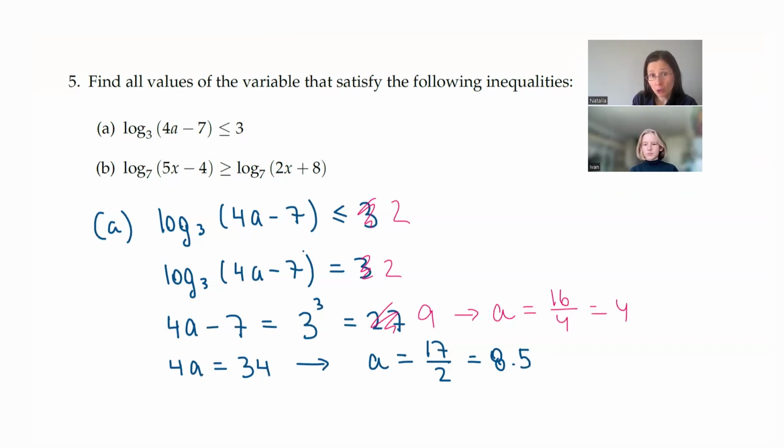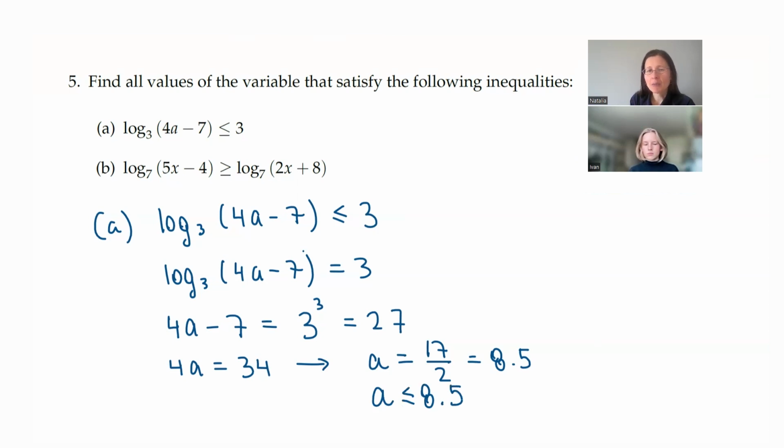So the value of 2 would have worked for us because our logarithm can equal 2, and that's part of this inequality. And we just found out that that will happen when a equals 4, which is less than 8.5. So we know that it's for the values lower than 8.5. Less or equal. Yes, good. Okay, so that would be a solution.